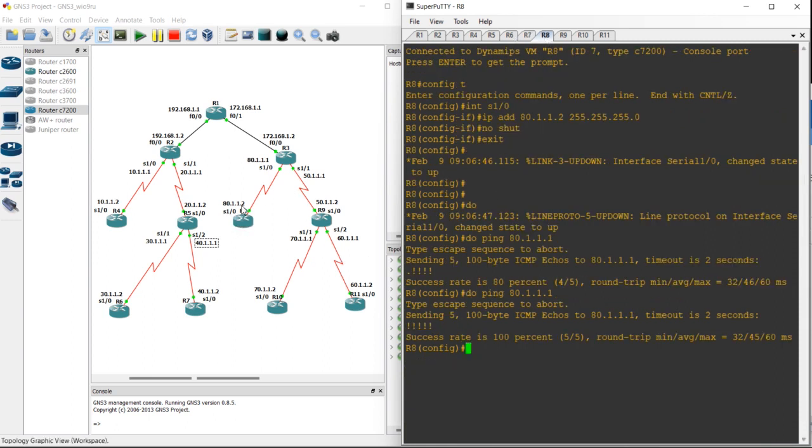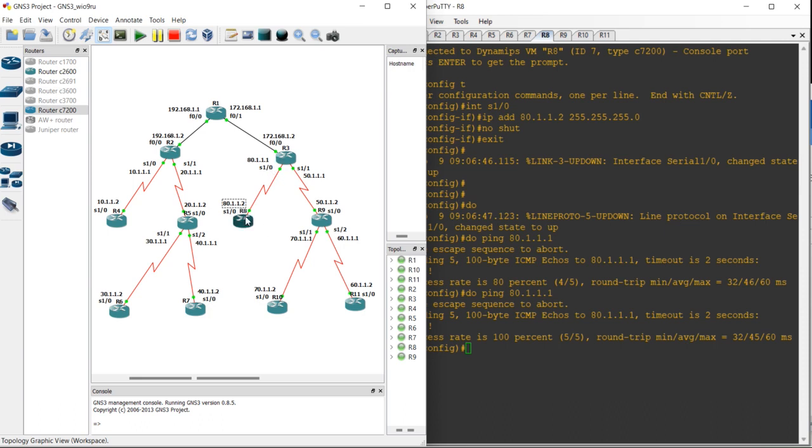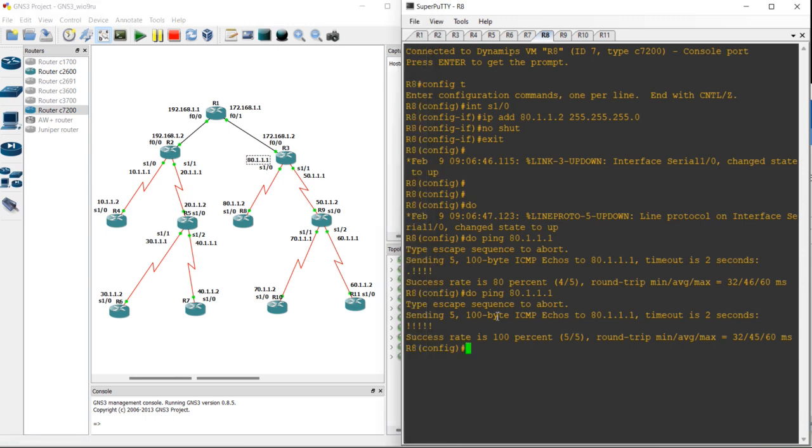On router 8, directly connected is the 80s network. So for all other networks, we need to use exit IP 80.1.1.1. So ip route for the 10s network, subnet mask, and exit IP is 80.1.1.1 for all other networks.